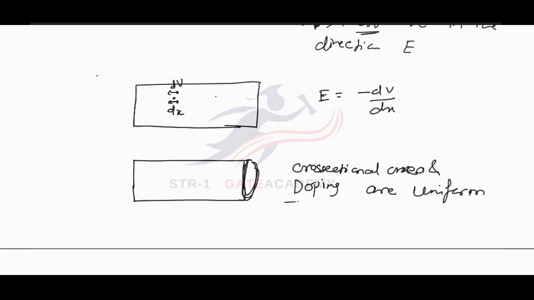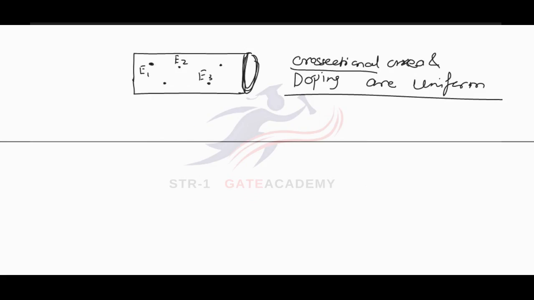If the cross sectional area and doping are uniform, then the electric field at any point in the material will be the same. That is, at this point electric field E1, at this point E2, at this point E3. If this material has uniform cross sectional area and uniform doping, then E1 equal to E2 equal to E3.